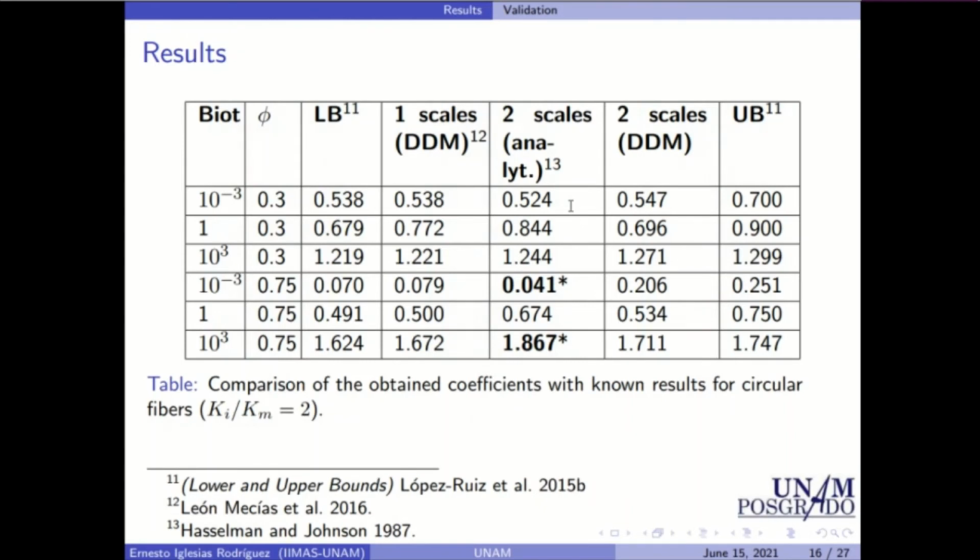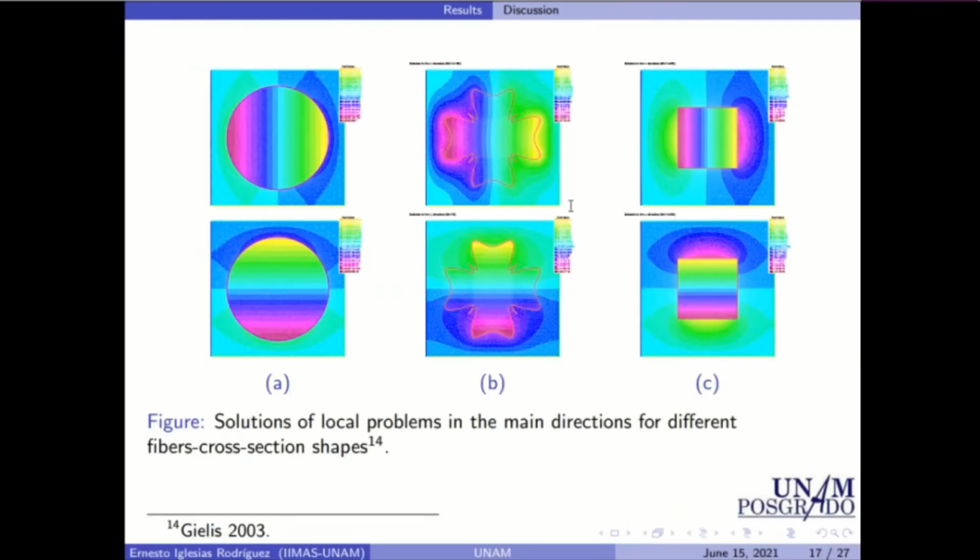With this validation, we pass directly to solve some different problems. Here, for example, we have different fiber cross-section shapes that were solved using this scheme of asymptotic homogenization method combined with finite element method and domain decomposition method.